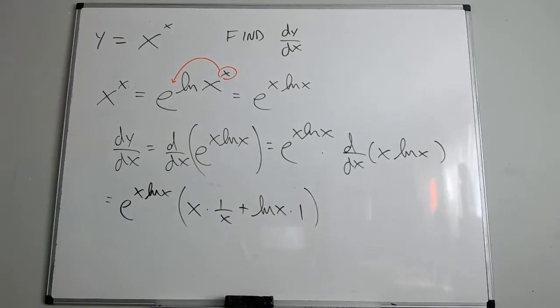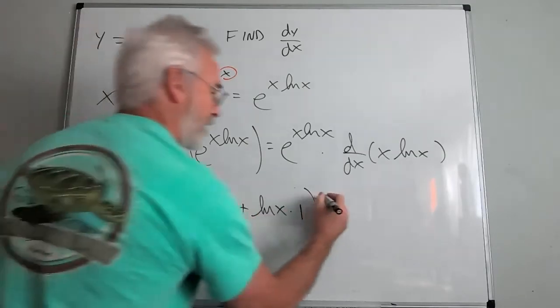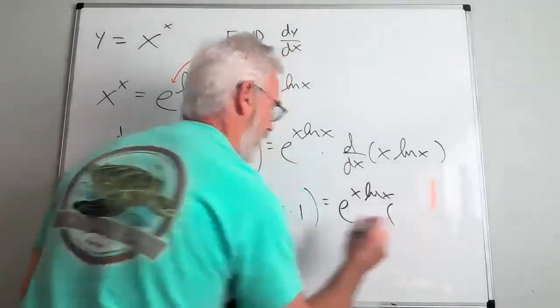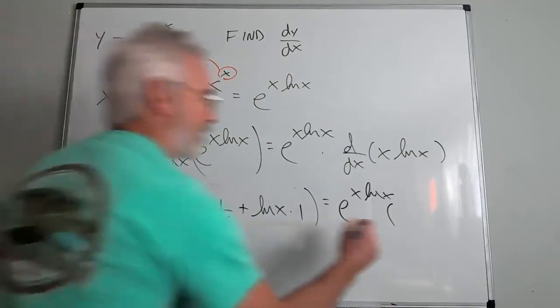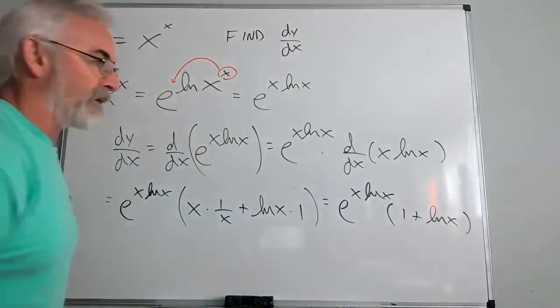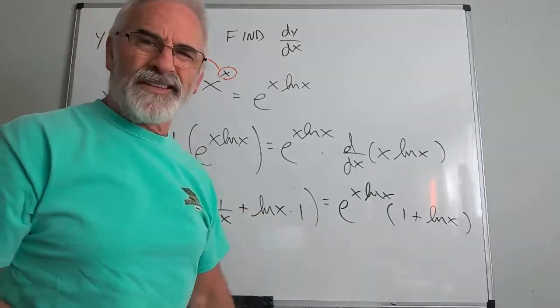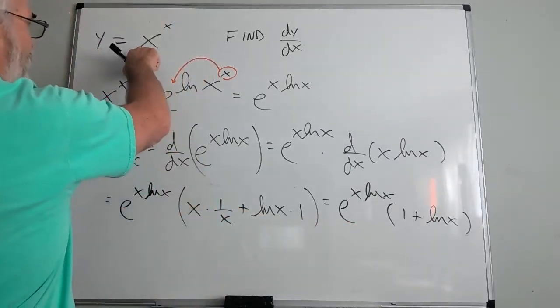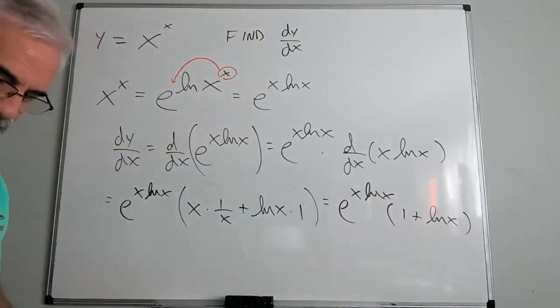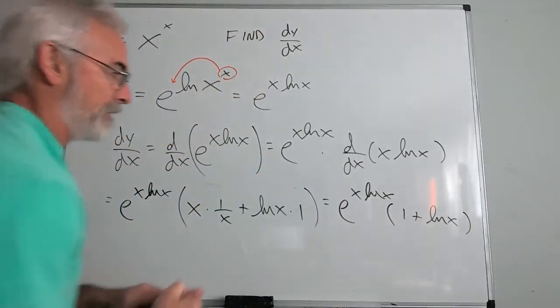Okay, well, I like that one. So this is e to the x log x times what? 1 plus log x. All right, so there's my answer. There's my derivative, except the problem started with this, and this looks really, really busy. You do notice something, I hope.